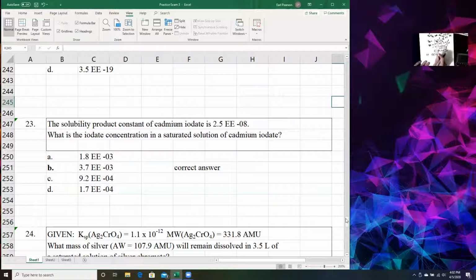Now, let me get my screen and, well, let's see, we want to know what is the IO3 minus concentration in saturated cadmium iodate. All right, so let me give you my pad again.